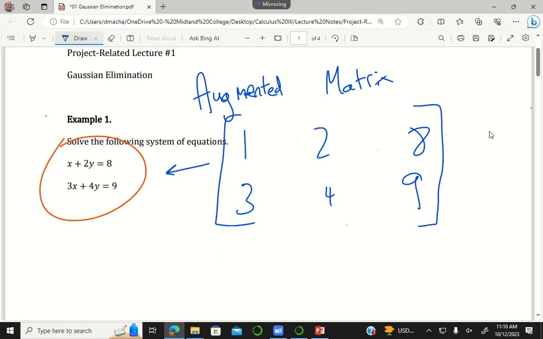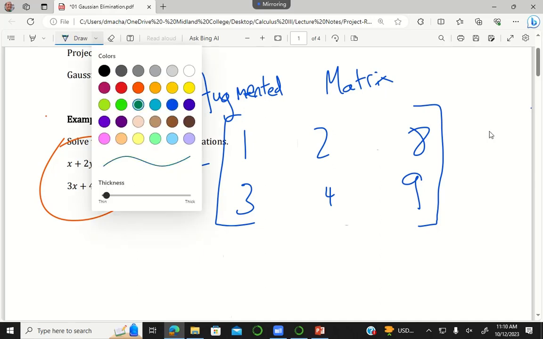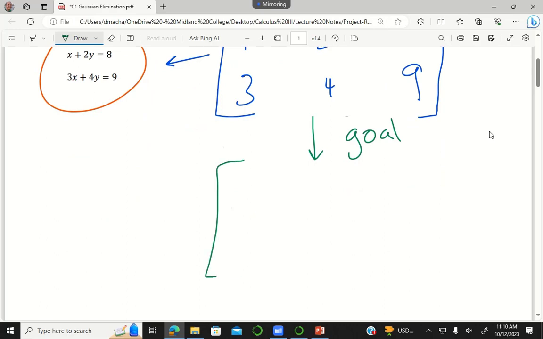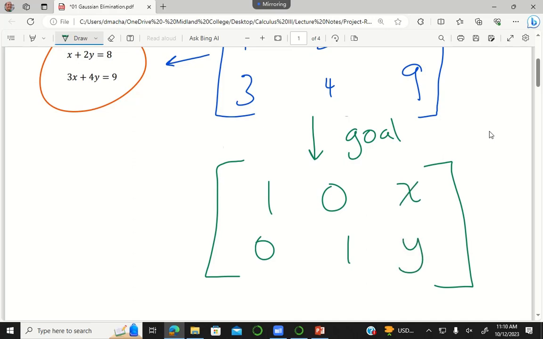And so if I want to solve this, my goal here is to eventually rewrite this augmented matrix like this, where there's ones on what we call the diagonal, there's zeros in what we'd call the off-diagonal entries, and then the final column is going to contain my values for x and y.